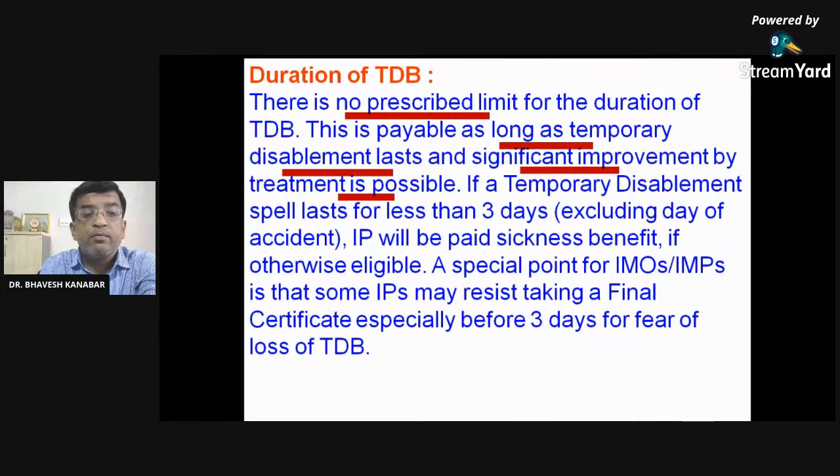Okay, what are the benefits of this ESI scheme? Write down in the chat box. We have gone through different benefits of the ESI scheme. Write down in the chat box what the benefits are.